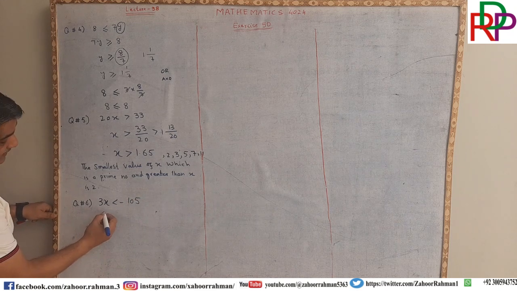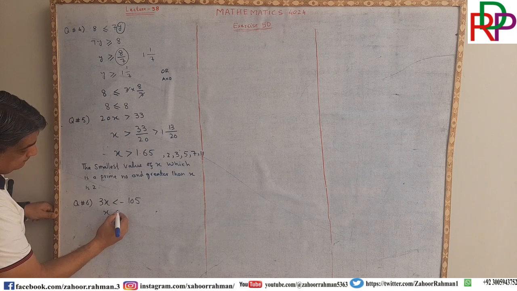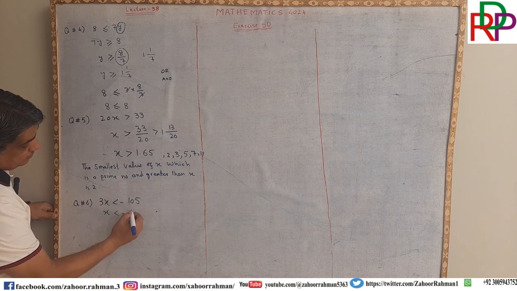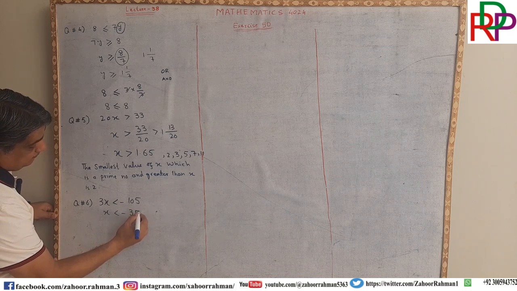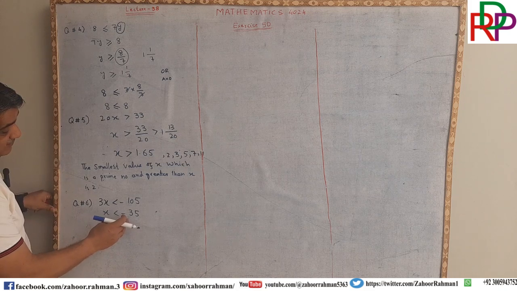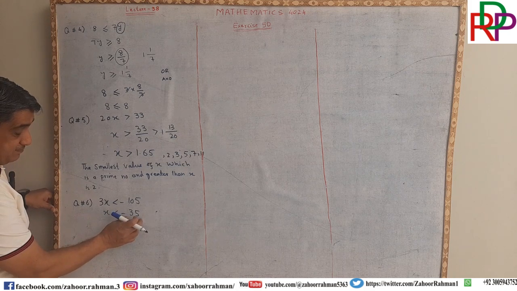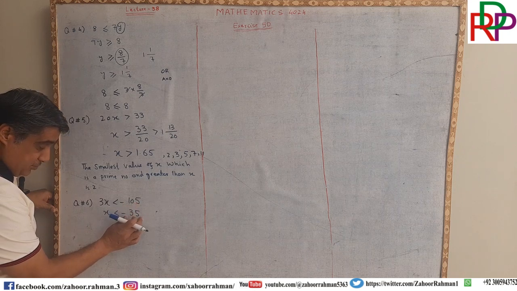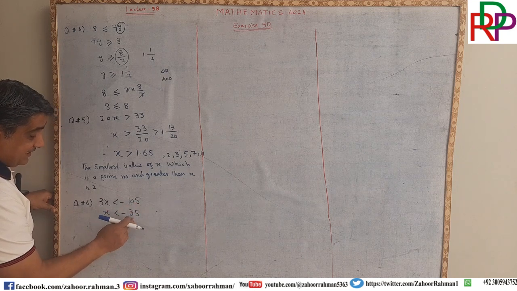So let us divide both sides by 3. So it will be x less than minus 35.